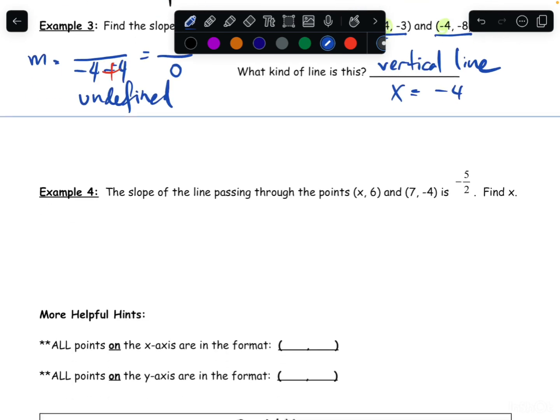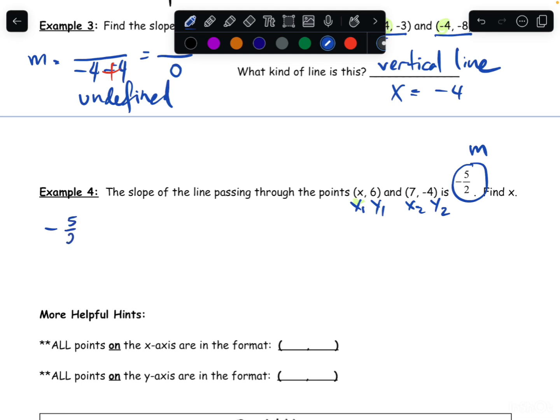So let's do this. The slope of a line passing through the points is here. This is my x. Let me just label this: x1, y1, x2, y2, and this is my slope already. So if I use the equation, I already know my slope.